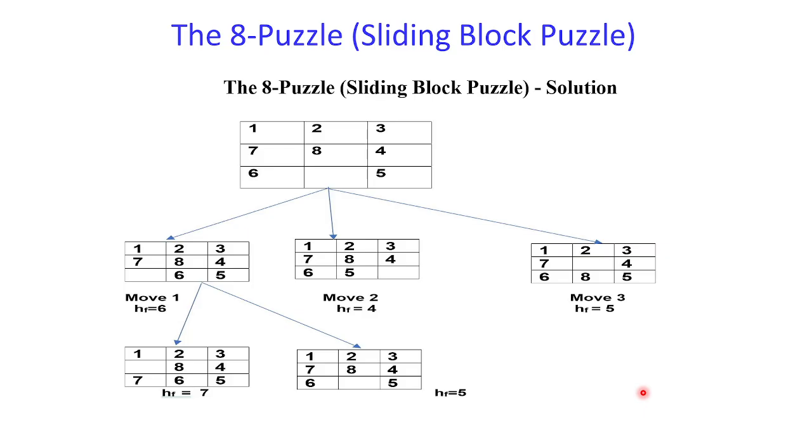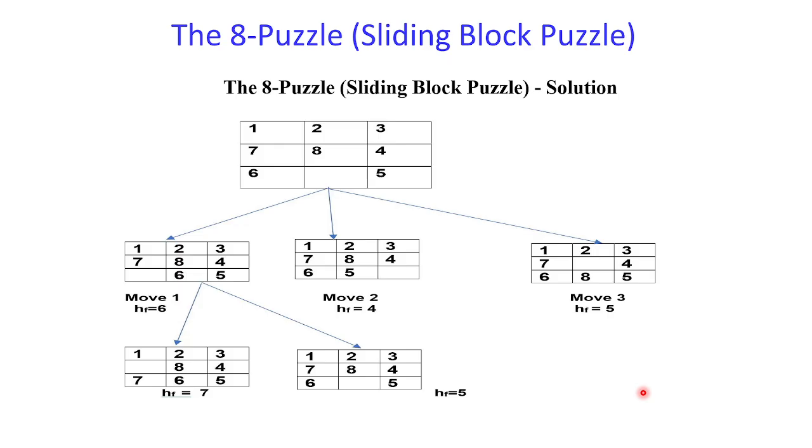Now, this is the state space for the 8 puzzle problem. So you can see the configuration on the left and the goal configuration on the right. However, the complete board is not here.